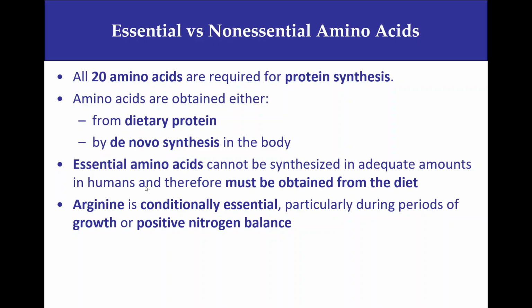So, during periods of growth or positive nitrogen balance, when the body is healing itself, during pregnancy, etc. During periods when there is pressure on the body to have lots of arginine, the arginine that is made in the body is not enough, therefore it will become conditionally essential.